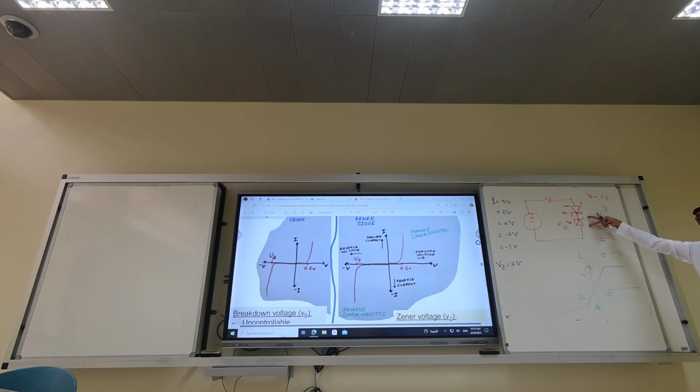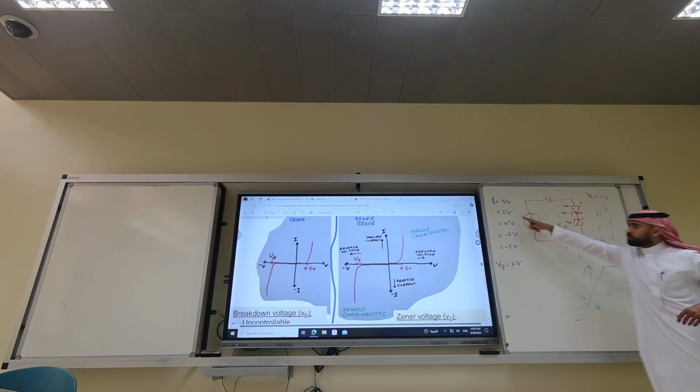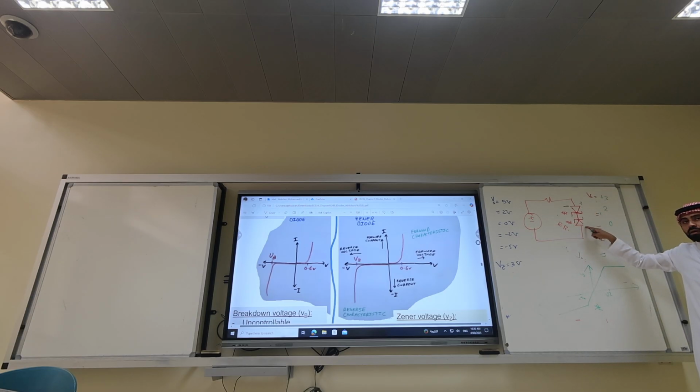So what will be the output? +3. If you apply 2 volts, this will be forward, short circuit. This will be what? Off. So what's the output? Open circuit, the output matches the input. If you apply 0, both are off, the output is short circuit.